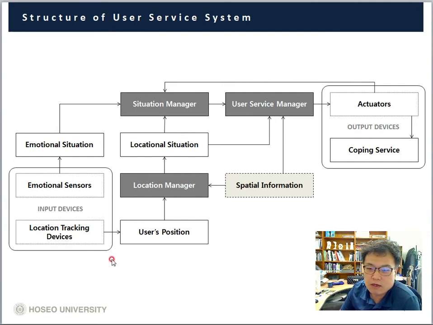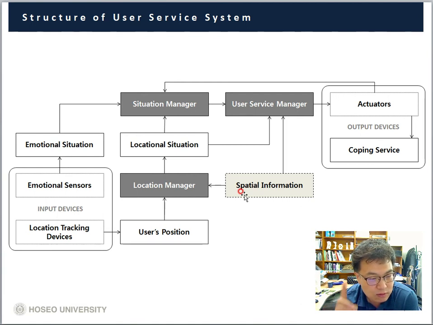And then this one is a very normal and typical IoT service system, but we want to put spatial information in here like that. So the idea is that a reasoning system calculates spatial context using spatial information.